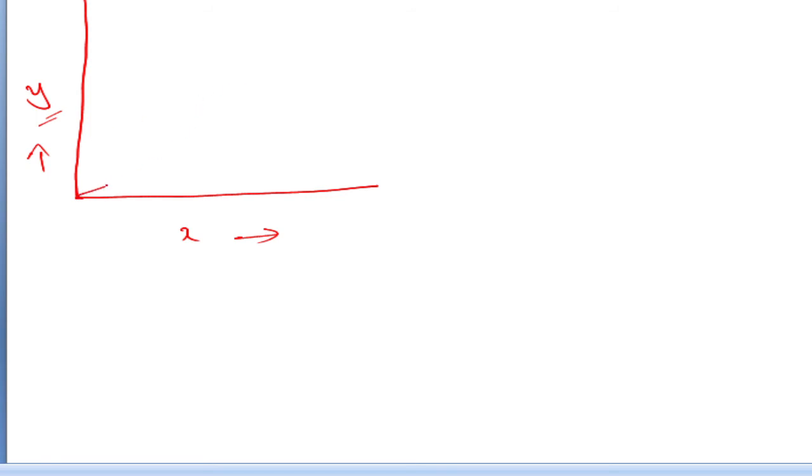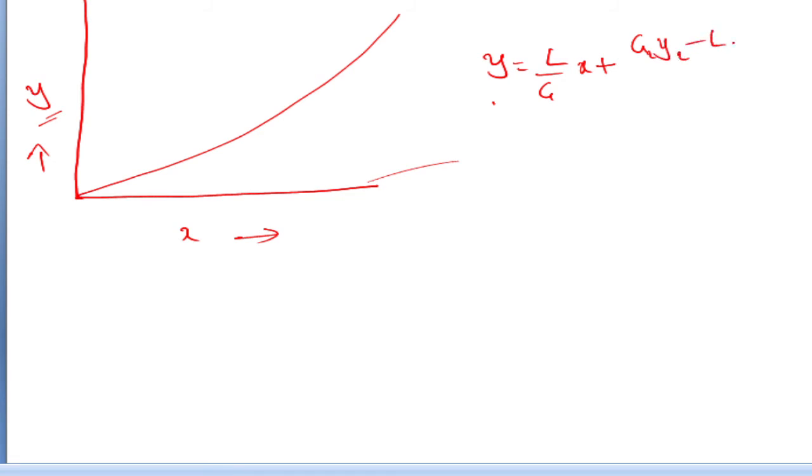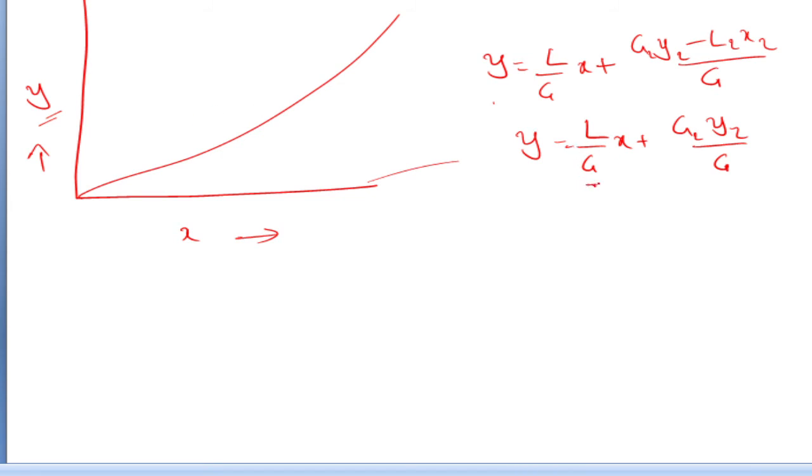If you have equilibrium data like this, and now you want to draw the operating line, you already know the operating line equation you got. So y is equal to L by G x plus G2 y2 minus L2 x2 divided by G. Similarly you have another equation for pure solvent, L by G x plus G2 y2 by G. Throughout the column the L by G value doesn't stay constant.